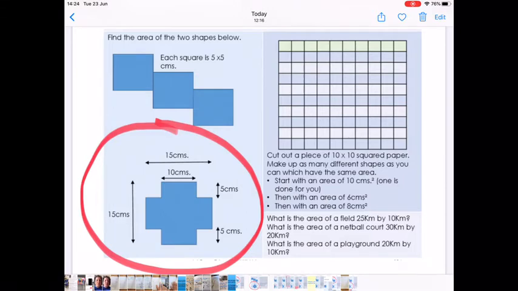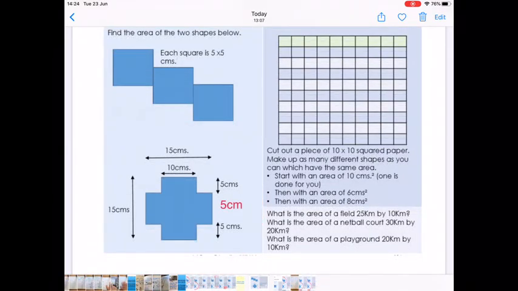Let's have a closer look. So here you can see that I've calculated that the right-hand side of the cross, as I look at it, should be 5 centimeters, because on the left-hand side it tells me the total is 15 centimeters.